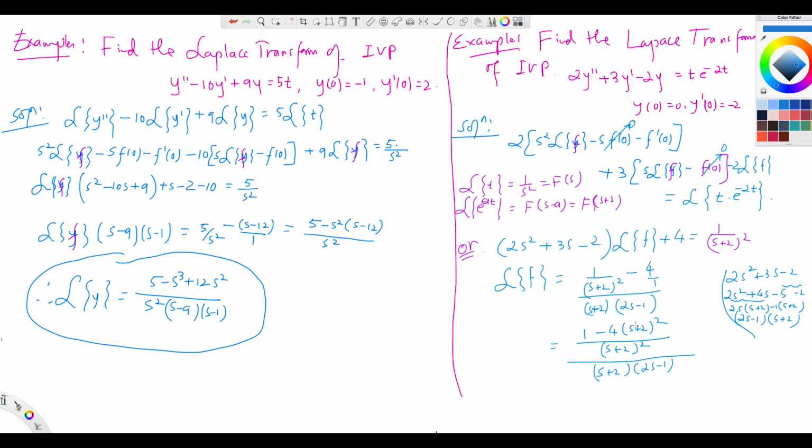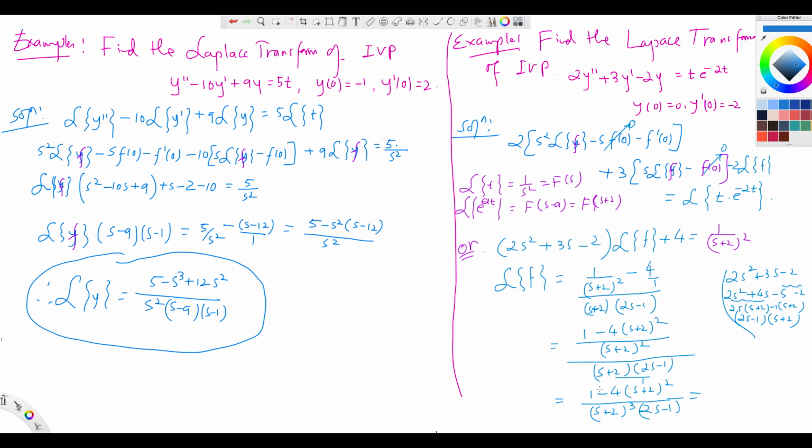So if you simplify that, what do you get? You will basically get (1 minus 4(s plus 2) squared) divided by... this will be multiplied, because this is 1 in the denominator, right? So this is top fraction times the reciprocal of the bottom fraction, which will give you (s plus 2) cubed, right? And then (2s minus 1). That is the final answer.